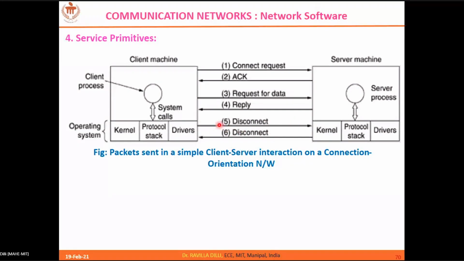You can see in step 5, the disconnect primitive is executed at the client end, so that the connection from client to server is closed. In order to close the connection from server to client, you should perform the disconnect primitive at the server end. So the disconnect primitive is executed on both sides.